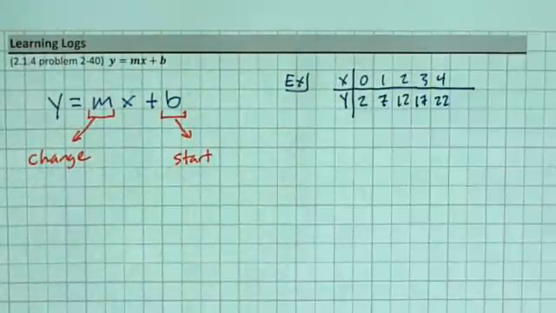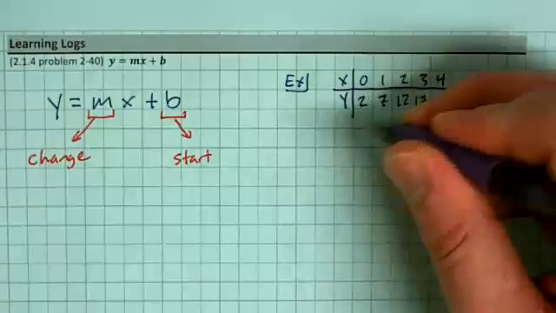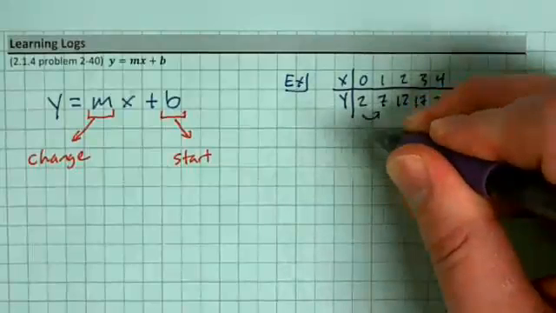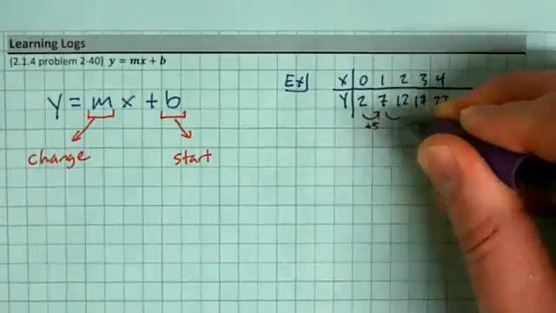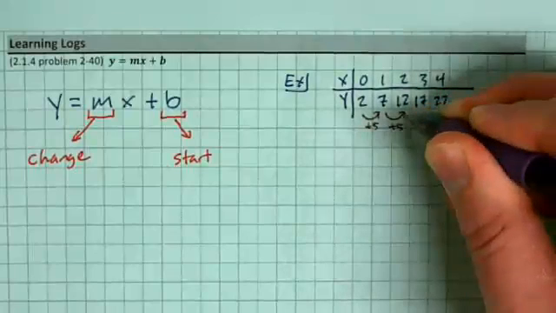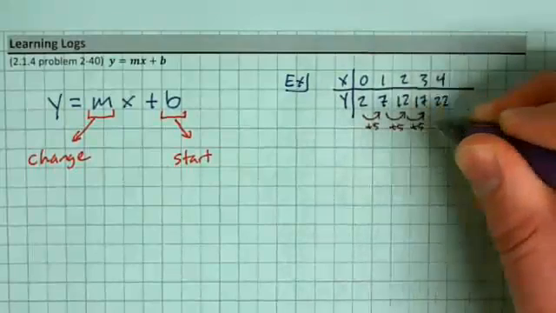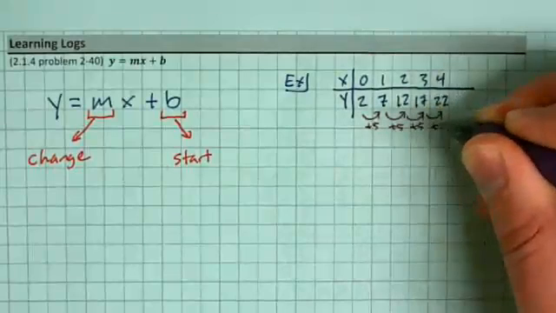I'm going to use this as a quick example to illustrate how we would turn a table into an equation. So I'm basically just copying that work that we just did into here.